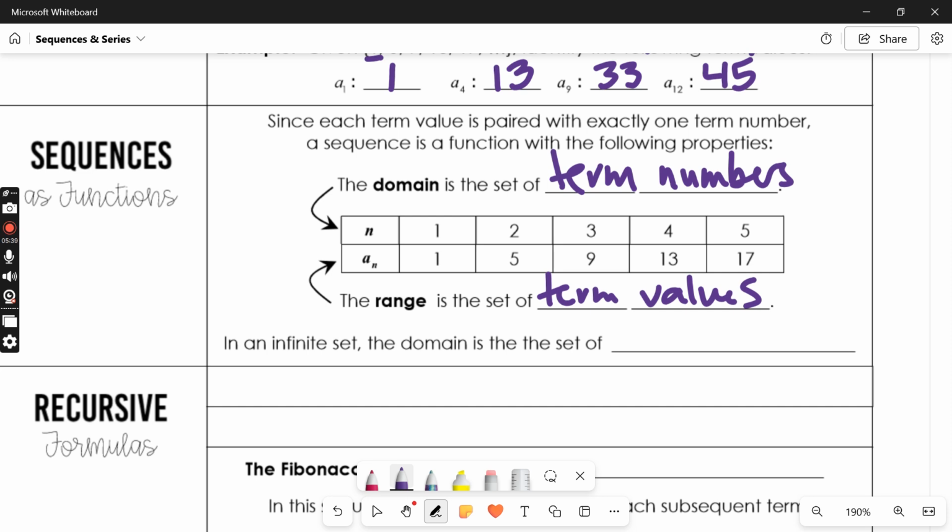In an infinite sequence, the domain is the set of natural numbers, also known as counting numbers.